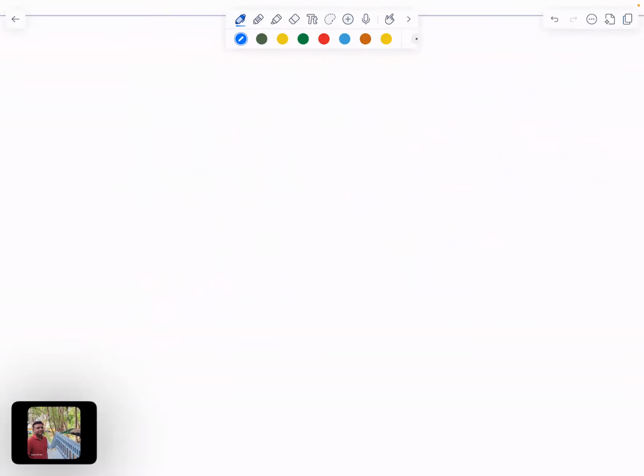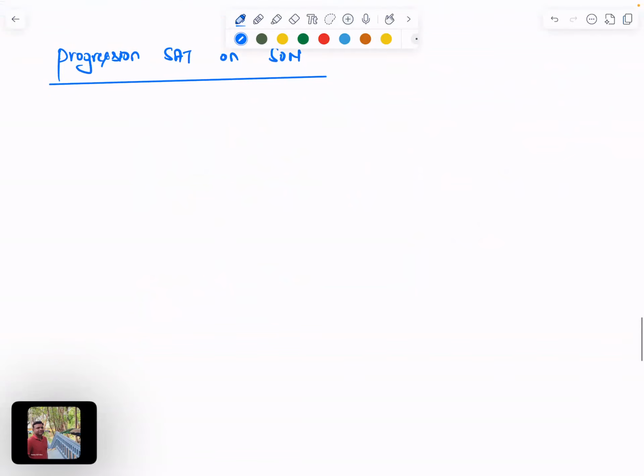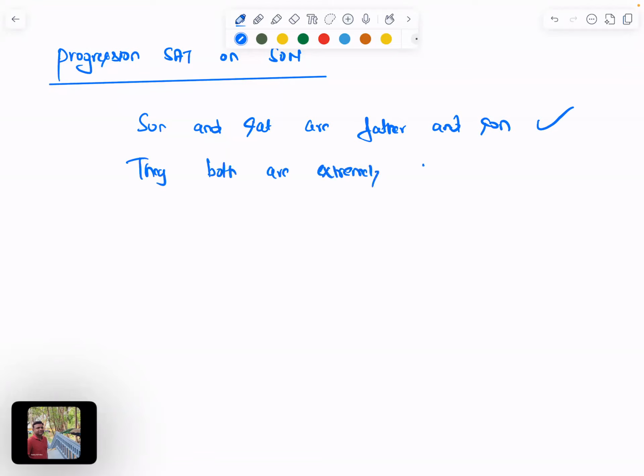Now we'll discuss. Let us assume it is traveling on Sun for somebody. On progression, Saturn on Sun. How to take the results? Sun and Saturn are father and son, no doubt, but they both are extremely inimical to each other.